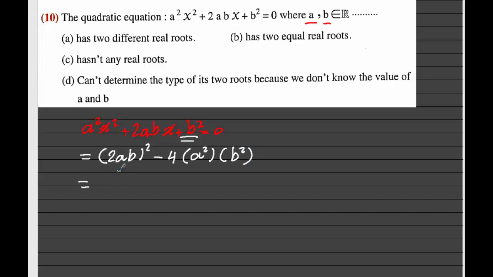So the result equals 4a square b square minus 4a square b power 2, and it's equal 0. So since the discriminant equals 0, the equation has two equal real roots, and we choose letter B.